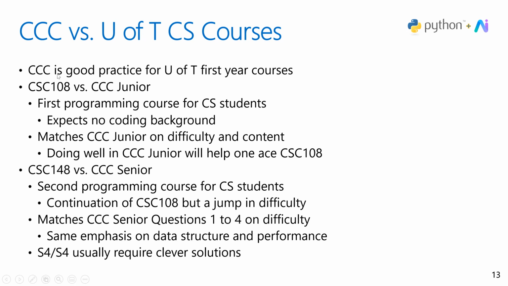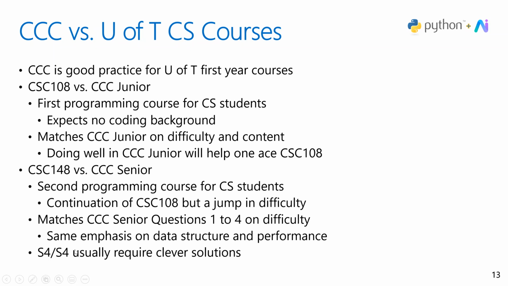The second one, the course code is a little bit weird at U of T, but this is the one that follows up the first. It's the second programming course, a continuation of the first, but for those who take it, you realize it's a big jump in difficulty. If you've done CCC and you take this course, you realize it pretty much matches questions 1 to 4 in difficulty on the assignments and probably on the exam.